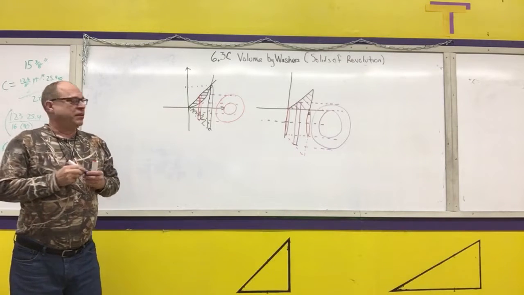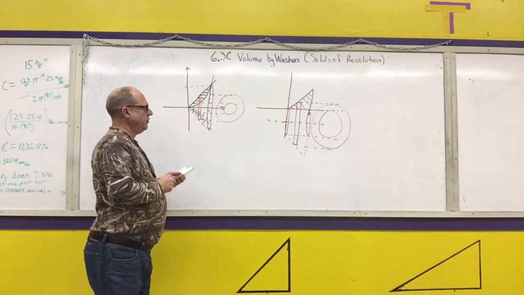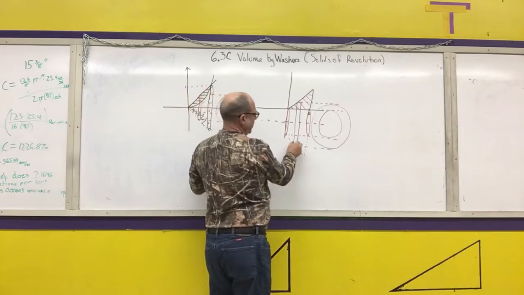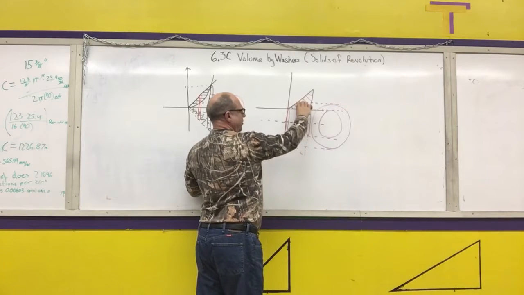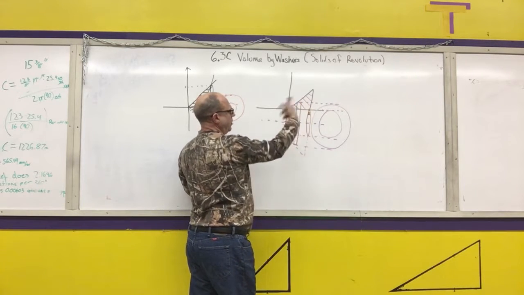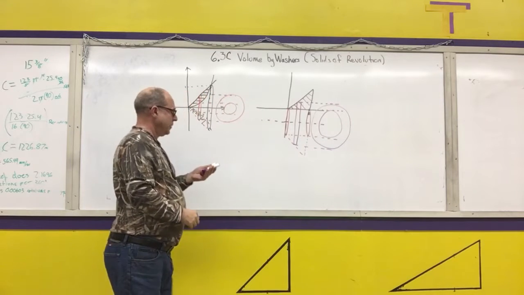So what we need to do is figure out how to sum up each of these arbitrary cross-sections. And if you notice, I drew each of the arbitrary cross-sections as a rectangle. And that rectangle, when I revolve it around one of my axes, turns into a circle.